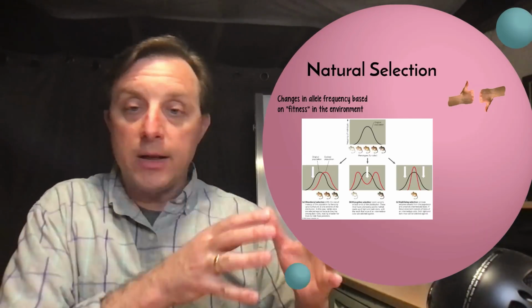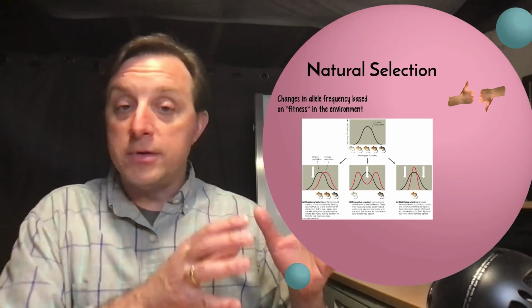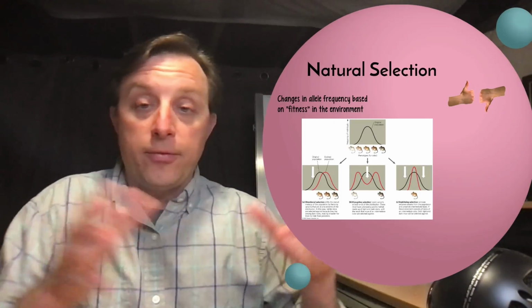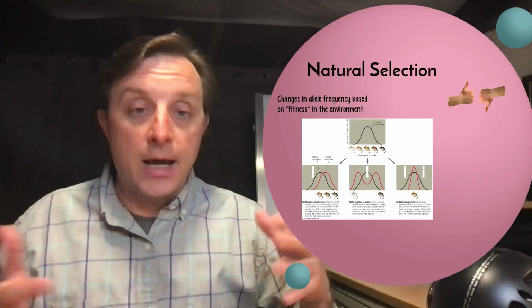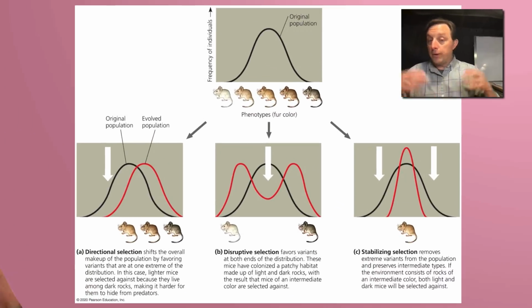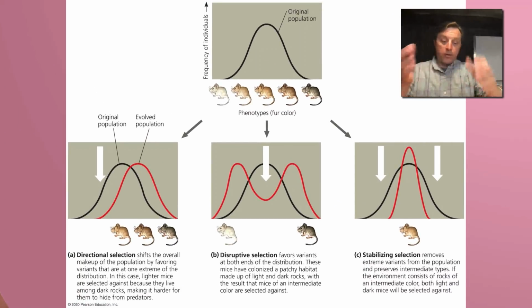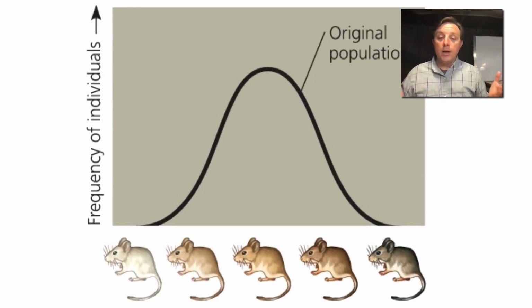And when we look at natural selection, there are three different basic patterns that we can identify. If we imagine we start with our original population here of mice with a nice distribution of fur colors, as evolution proceeds, you imagine these are moving into a new environment, so they are now going to evolve and adapt to that environment.